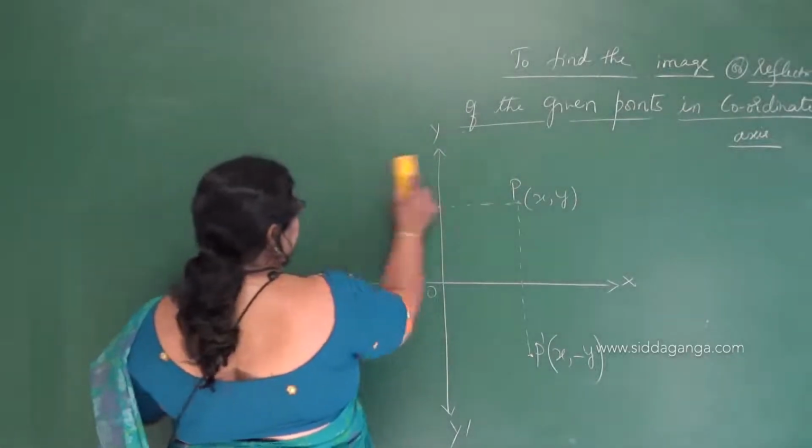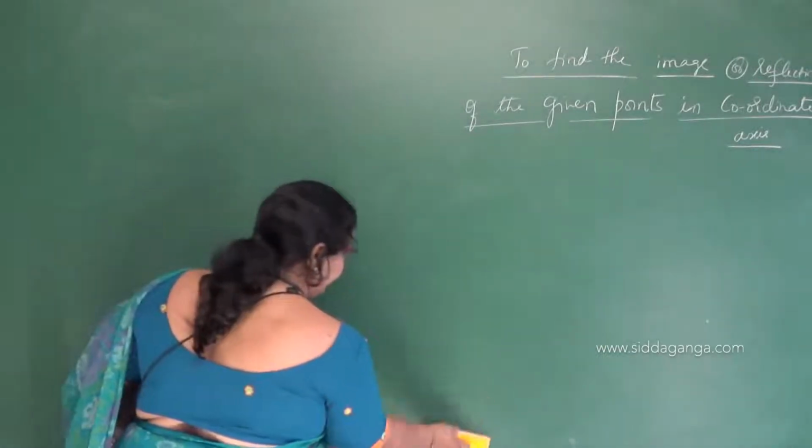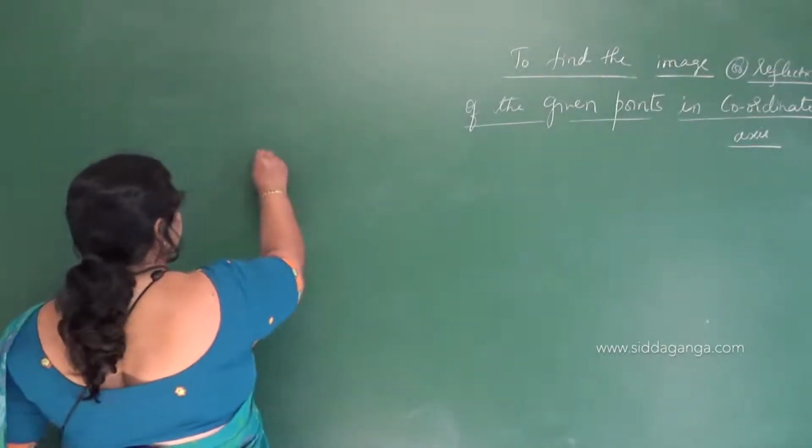So that is how we can find the image or the reflection of the point.